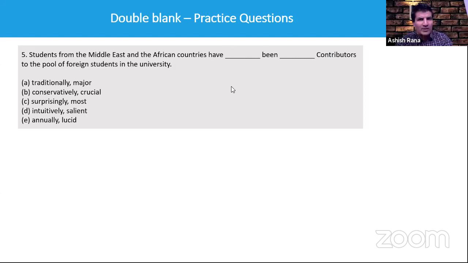Okay folks, so this one: students from the Middle East have been dash kind of contributors to the pool of foreign students. Let's say a university has 1,000 students.